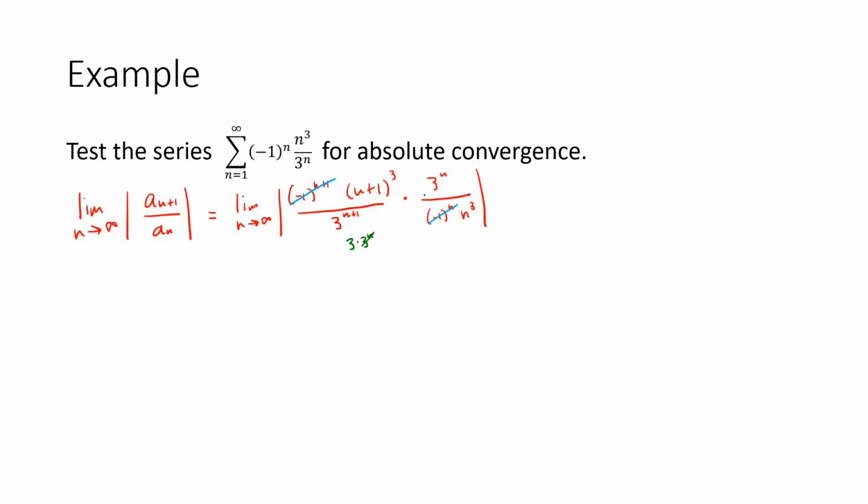So that'll divide with the 3^n up here, leaving me with just a factor of 3 downstairs. So what are we left with now? So I have (n+1)^3 over n^3, and then there's also a factor of 1/3. And I've got to make sure that I remember it's in absolute values.